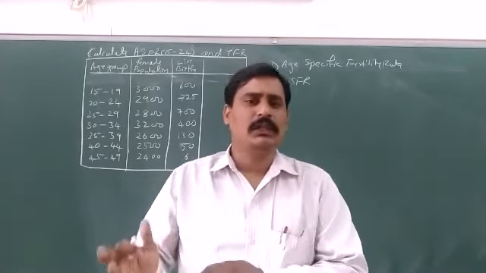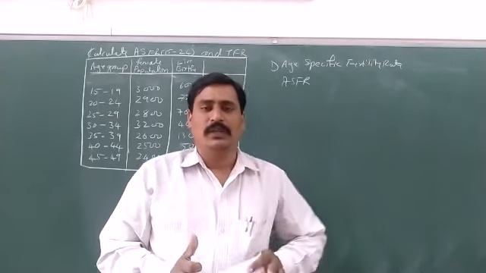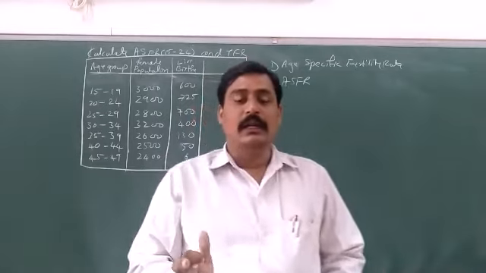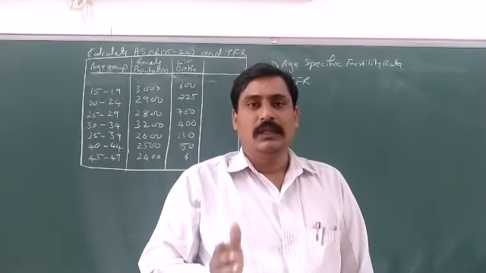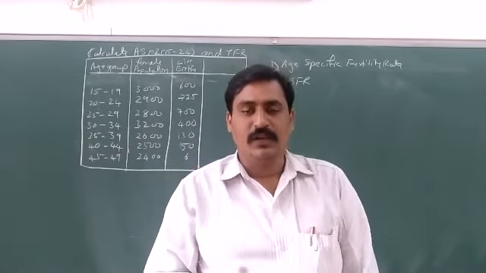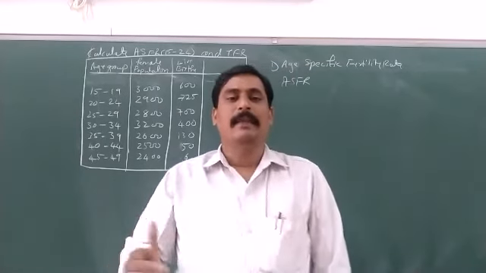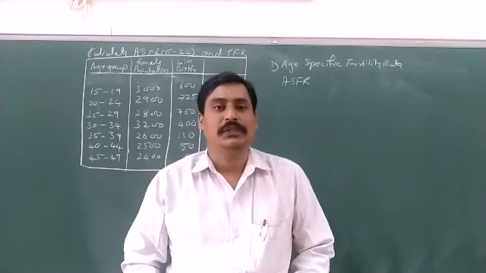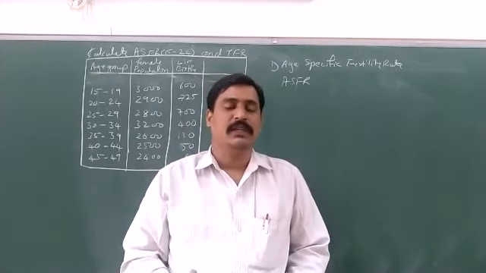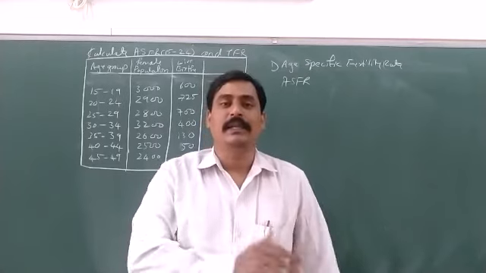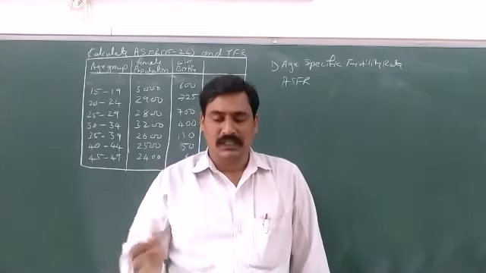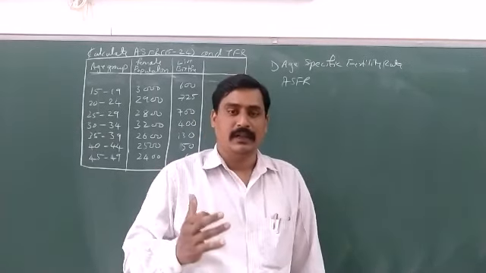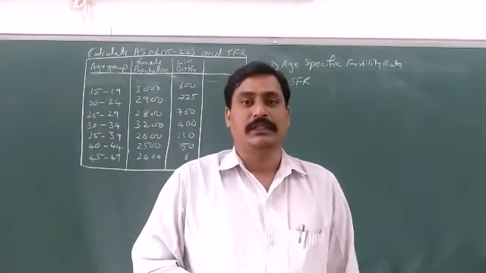We already discussed that GFR and CBR cannot be used for comparison with other locations. For the same location we can compare with the previous year, the changes between previous year and current year, but we cannot compare with other locations.